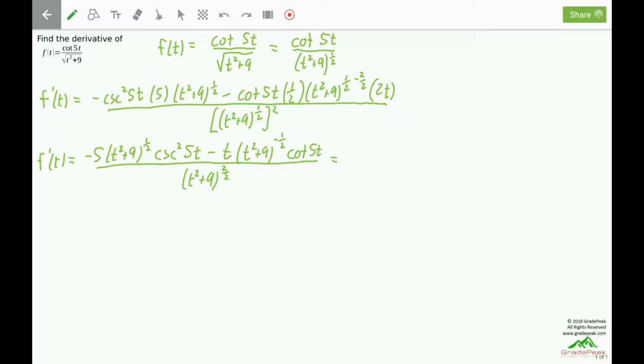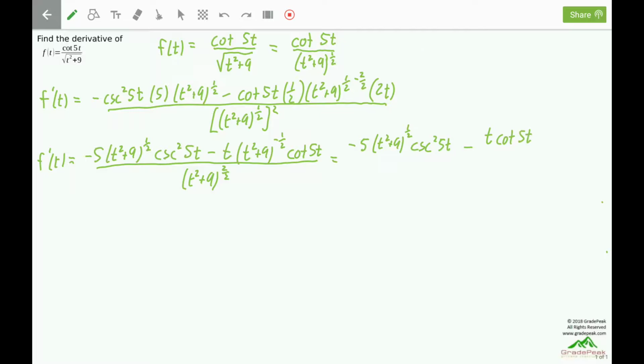So one option is to factor the numerator. Another option is to get the common denominator. Both of them work. So I'll just rewrite the first term exactly as we see it. But the second term here, I have a t and I have a cotangent of 5t.